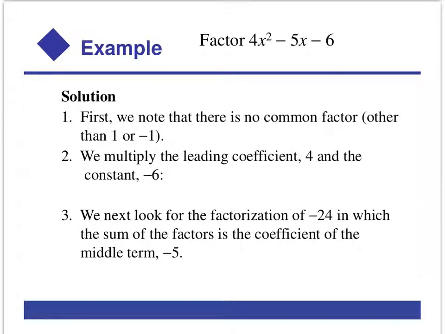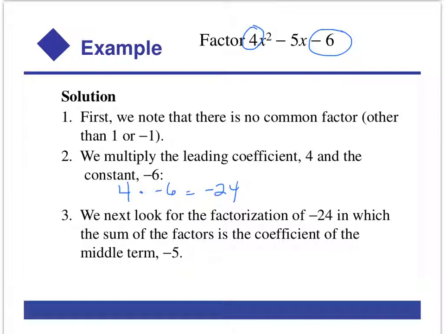So then the next thing we're going to do is multiply A times C. Here is our A, here is our C, so we get 4 times a negative 6, that gives us a negative 24.